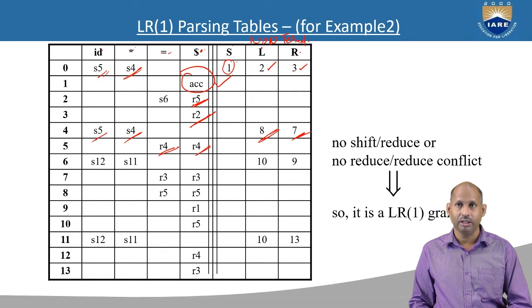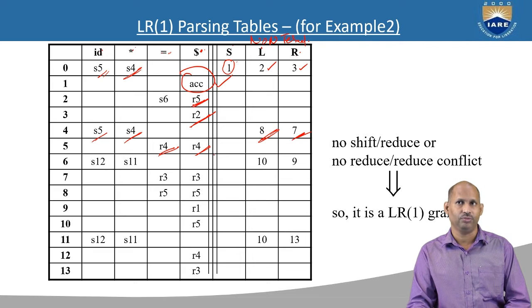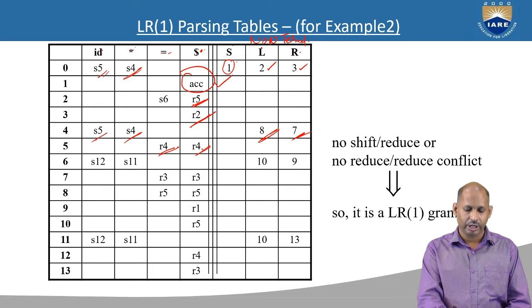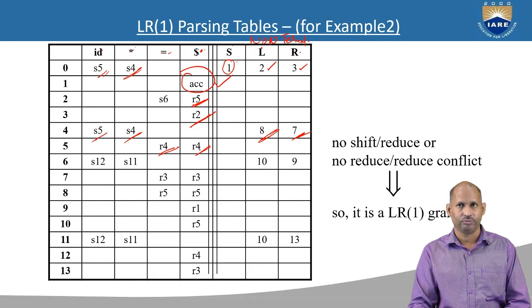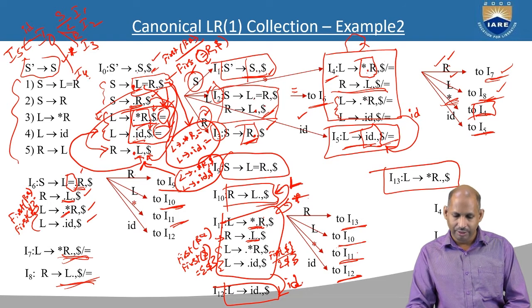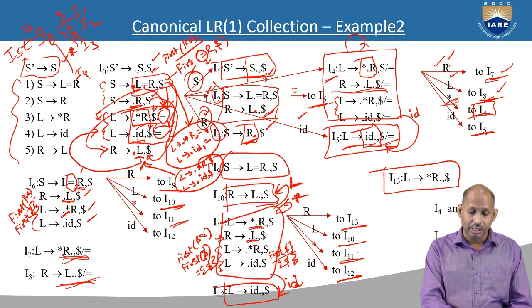Dollar and assignment, they will be R4 and R4, right? Then I5 is completed.